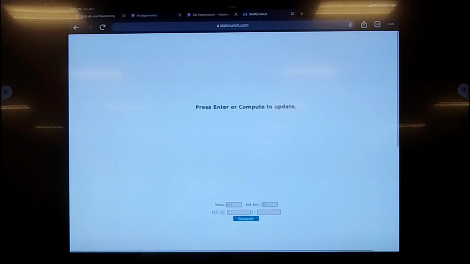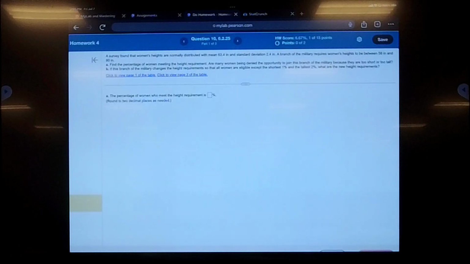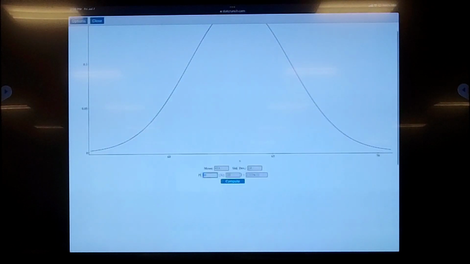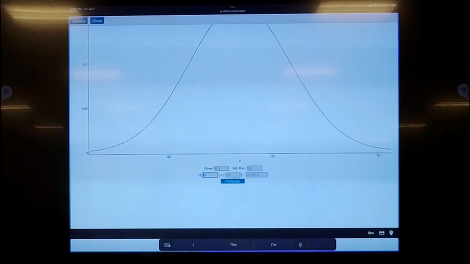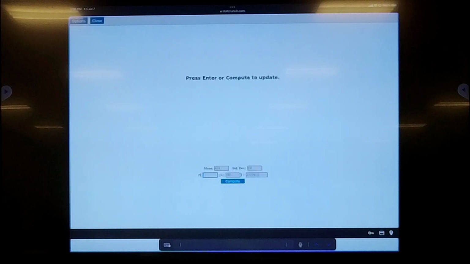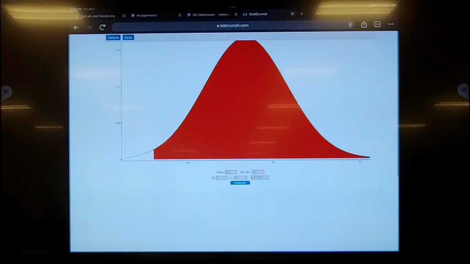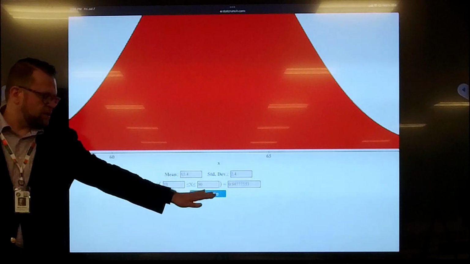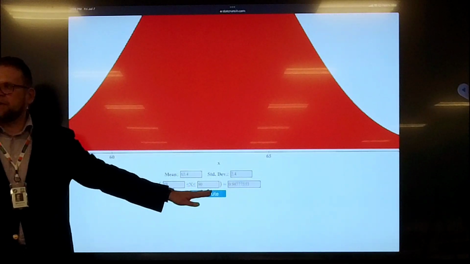Okay. What are we looking for? They gave us height requirements of 58 and 80, so I gotta do between. I'll switch it to between, and I'll put in those height requirements, because the corresponding area that I get can be interpreted as the percentage of all the women that belong to this event, the event that their height is between 58 and 80.